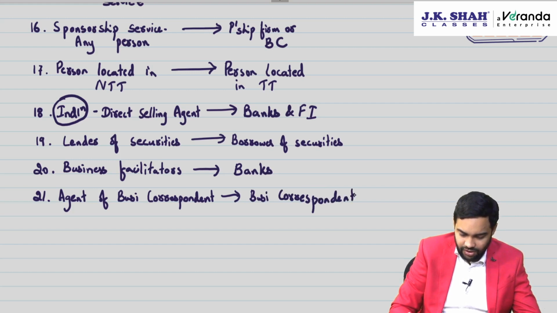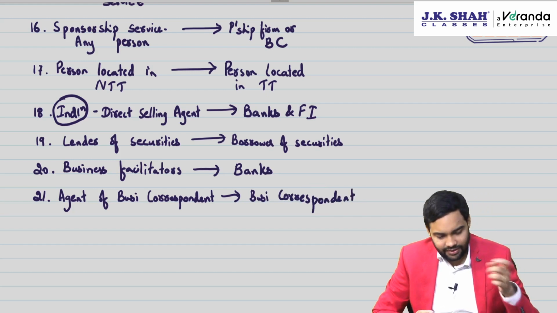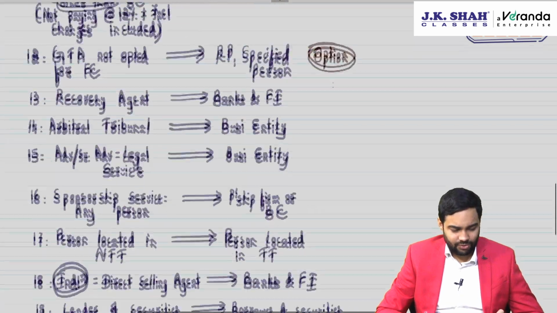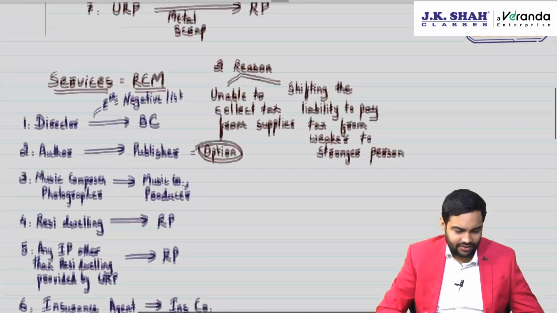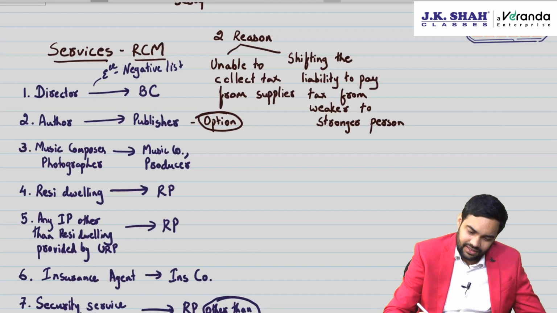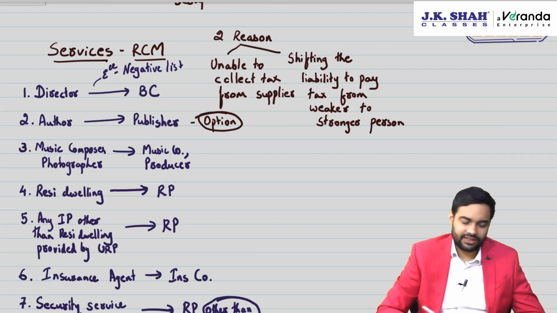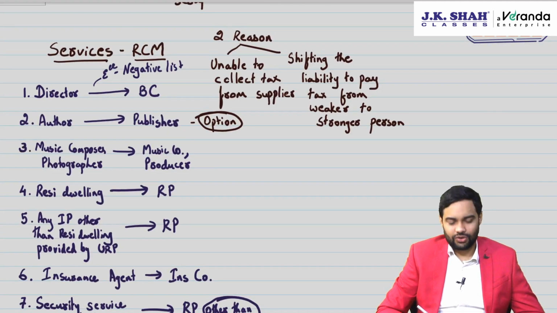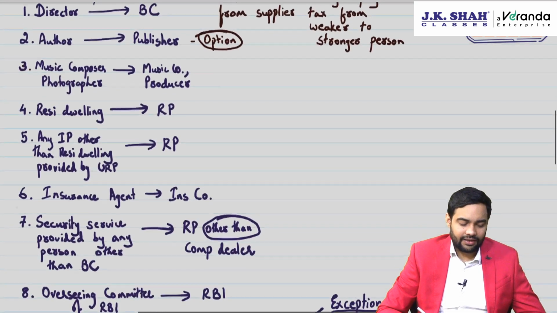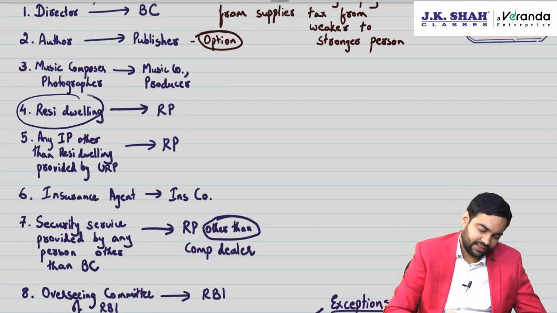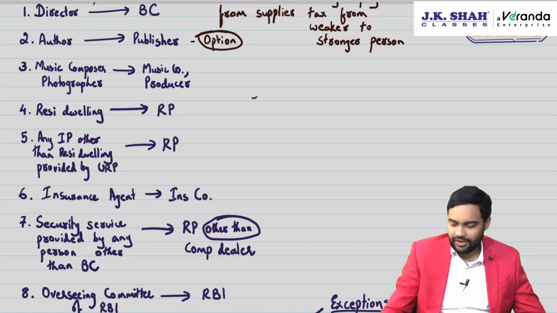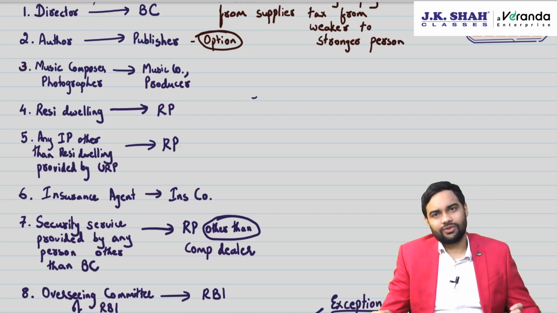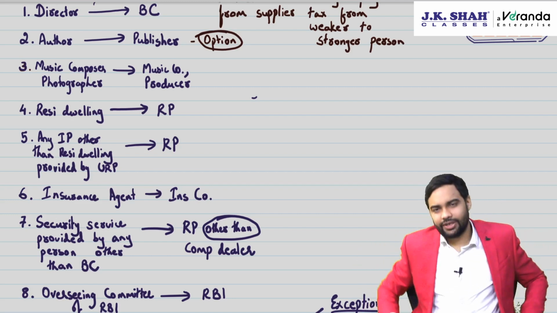Now, how will we recall all this, sir? Now, I'll help you out with a small story. My friend Mr. A was a director in a music company, and he used to write some books also. The company took a residential property on rent for him, and he used to work from a commercial property as well.